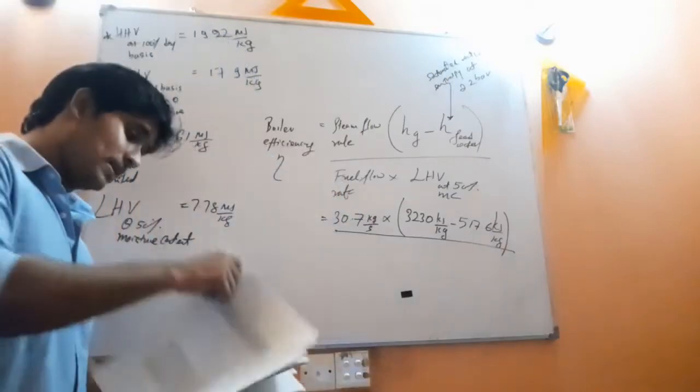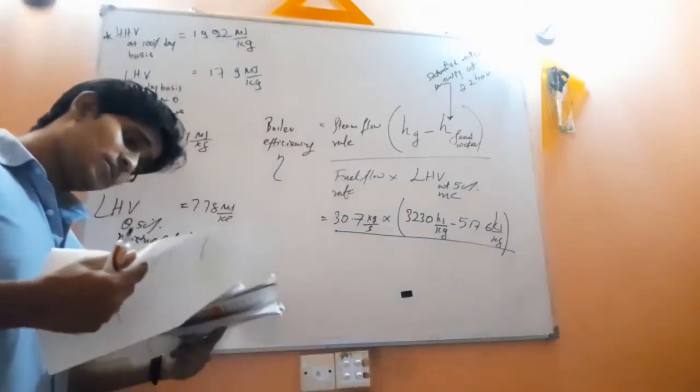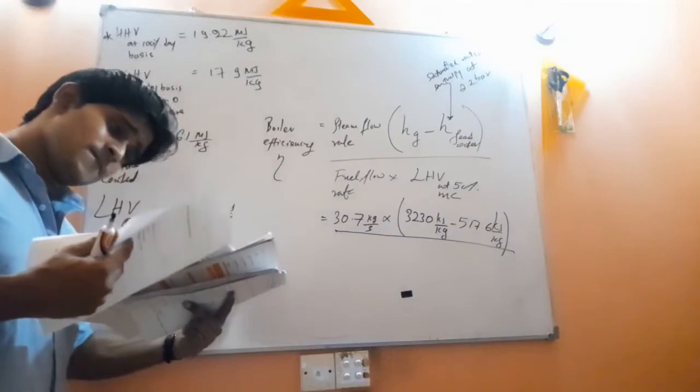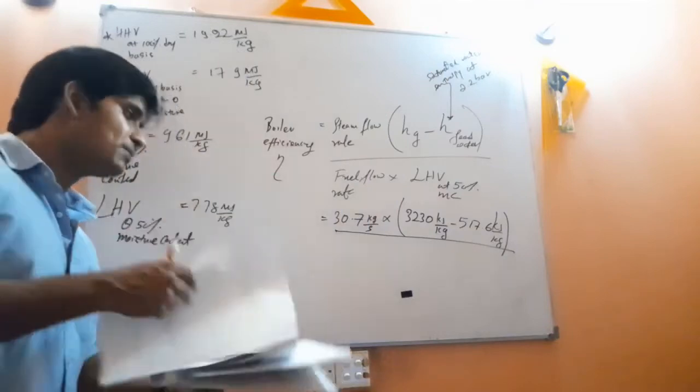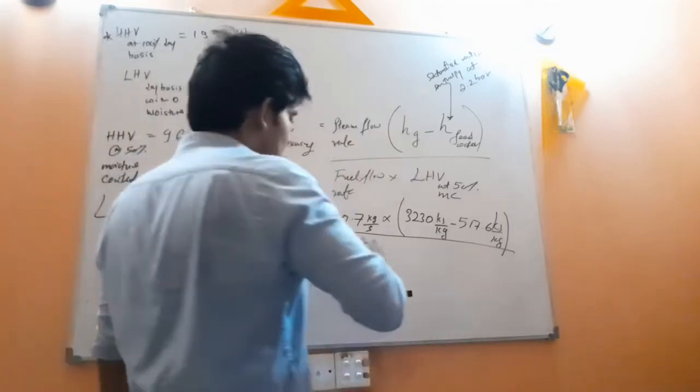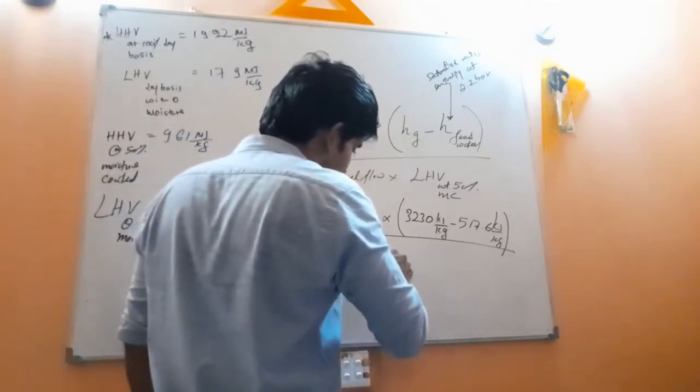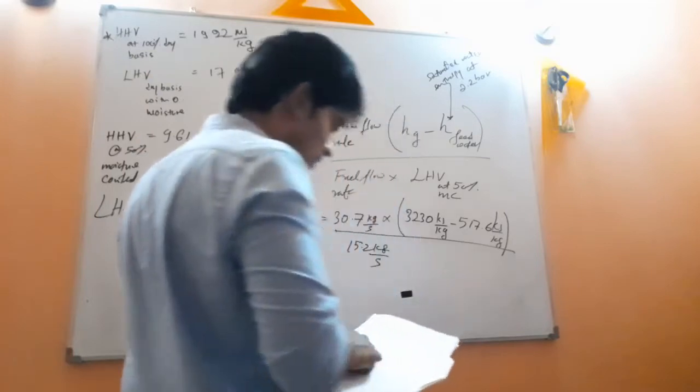What is the fuel flow rate? That is also mentioned. Boiler is supplied with a fuel flow rate of 15.2 kilograms per second.